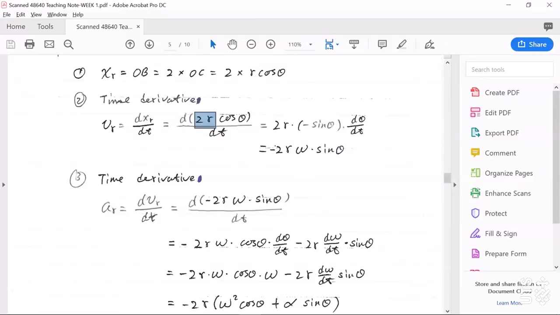We don't need to worry about these two. For cosine theta, it will become negative sine theta. Theta here is a variable. So next we can do d theta dt. d theta dt gives us omega.